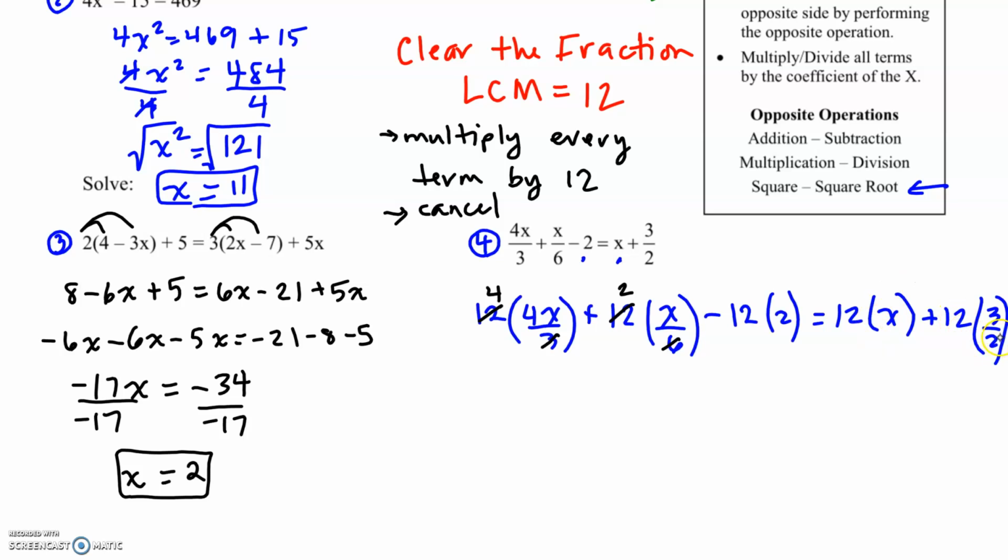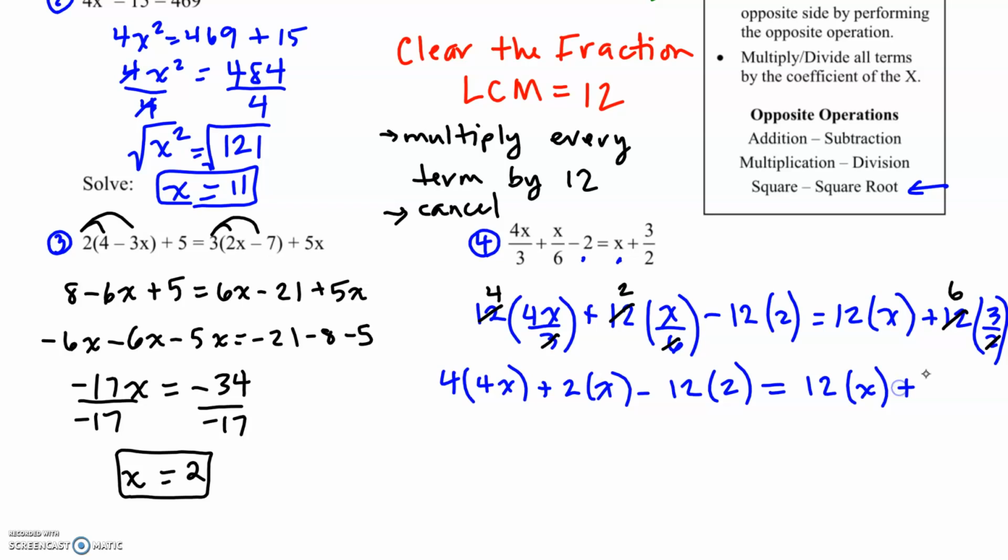And my last canceling out is here. 2 goes into 12 6 times. Now I'll write down what I have left: 4 times 4x plus 2 times x minus 12 times 2. Put your equals. I have 12 times x plus 6 times 3.